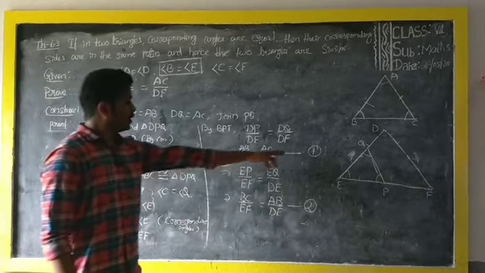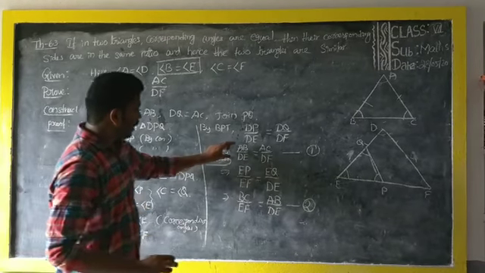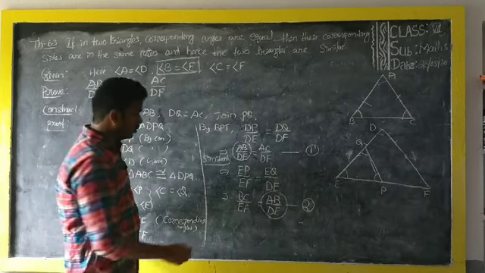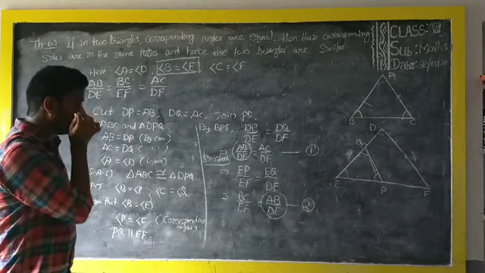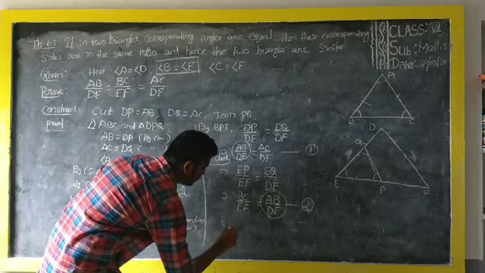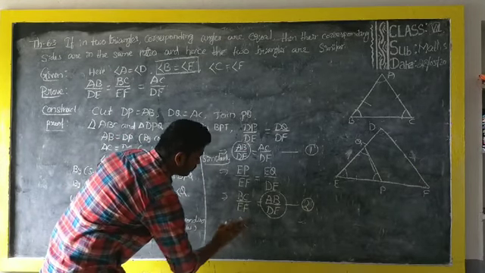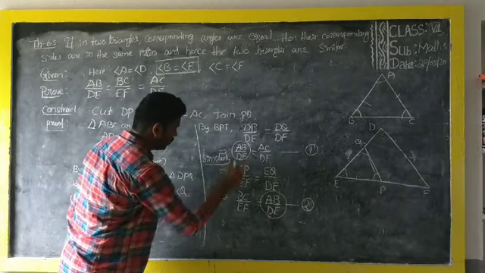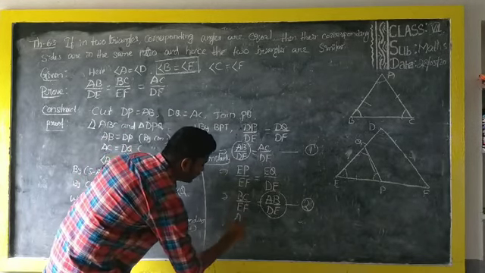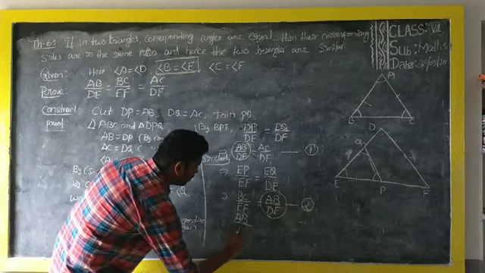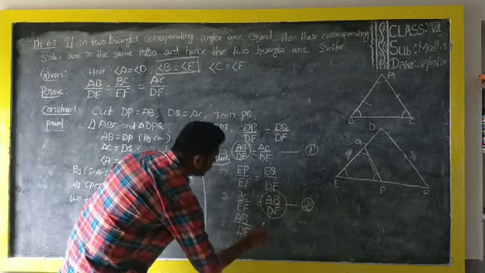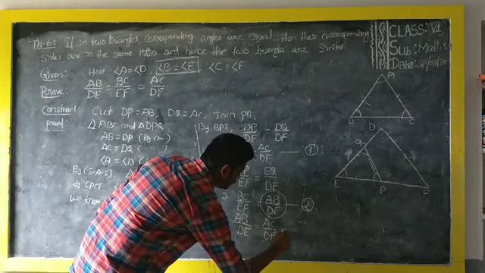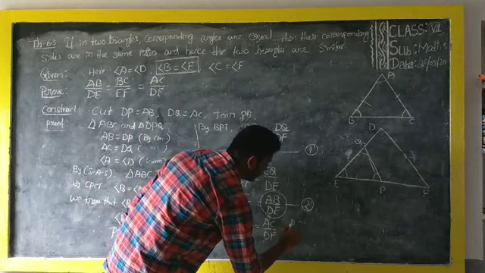Now comparing equations 1 and 2, look at here, AB by DE is common. So therefore I can conclude AB by DE equals AC by DF equals BC by EF.